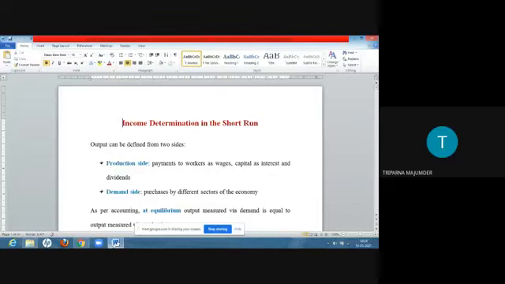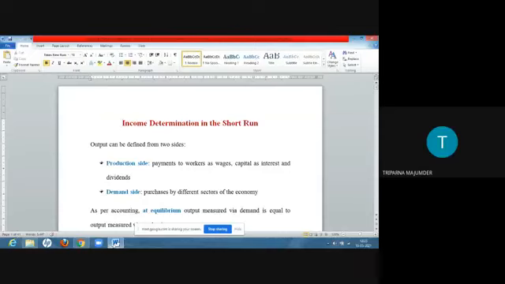Now, what do we mean by the production side? We say that the production is done by the factors of production. In return, they get a remuneration, for example, payments to workers as wages, interest on capital and dividend. On the demand side, we find that the different sectors of the economy undertake some purchases.